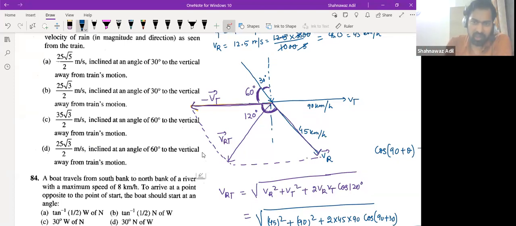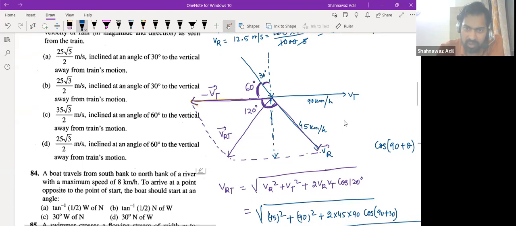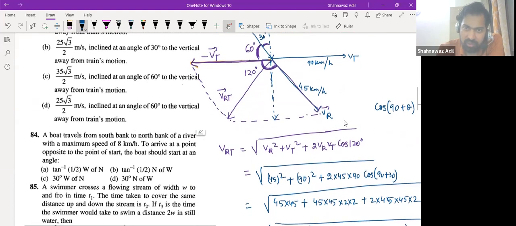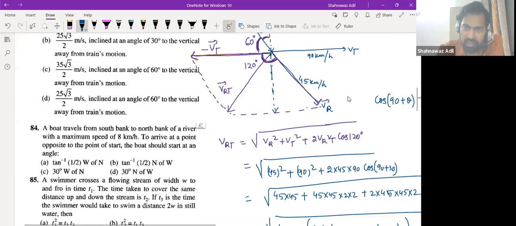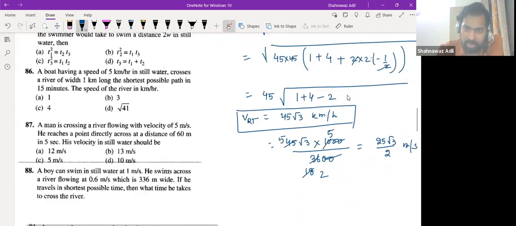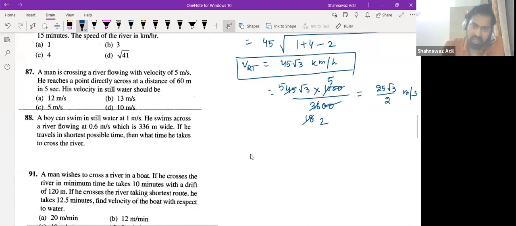Now we have to find out the angle to the vertical away from the train. So this is the vertical, right? And we also have to find the angle. We can find the angle by tan of alpha.